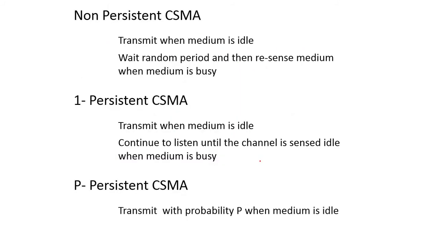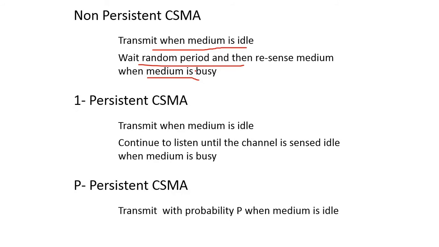Now according to the types, non-persistent CSMA will transmit the data when the medium is idle. Get it? If the medium is not idle, it will wait a random period and sense the medium again. Whenever the medium is busy, it waits for a random period of time and then senses the channel again.